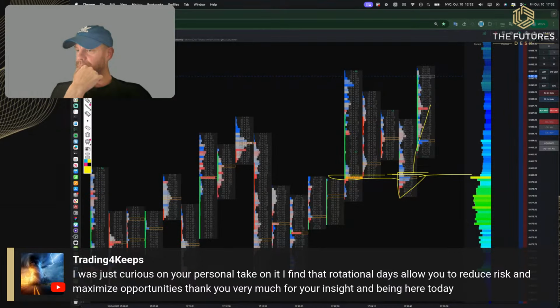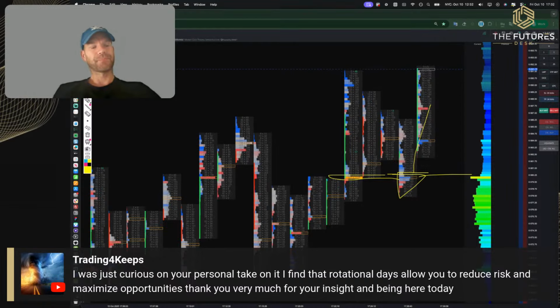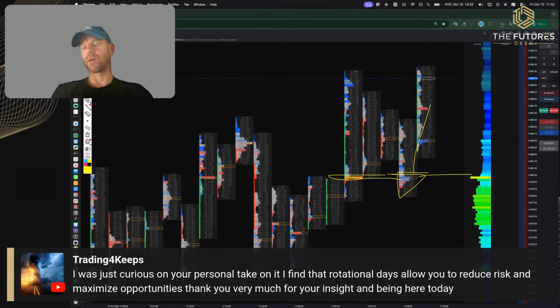Yeah, I mean, it's true. It makes sense. Especially with a rotational balance day, you can take more trades with a smaller stop.